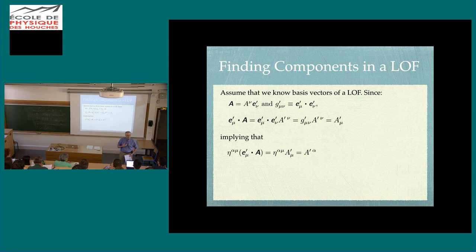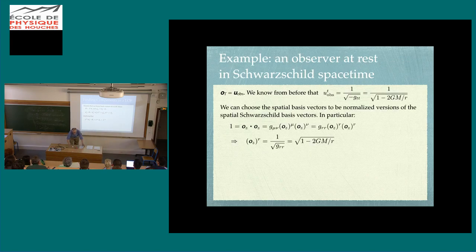If I can find an expression for the components of the basis vector in a Schwarzschild coordinate system, which applies everywhere, not just locally, and I can find the 4-momentum components in that Schwarzschild coordinate system, I can evaluate the dot product in the coordinate system, and then I've got what the 4-momentum is in my own private reference frame. So this turns out to be a really powerful technique.